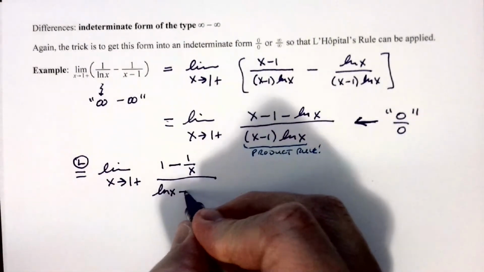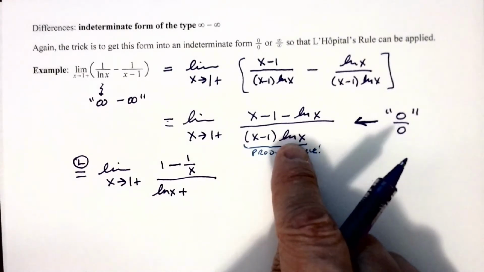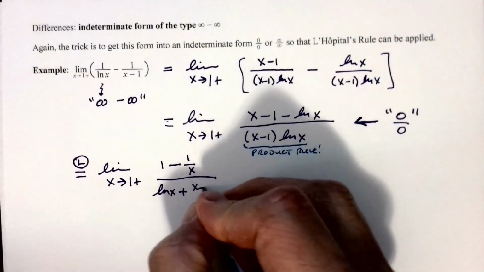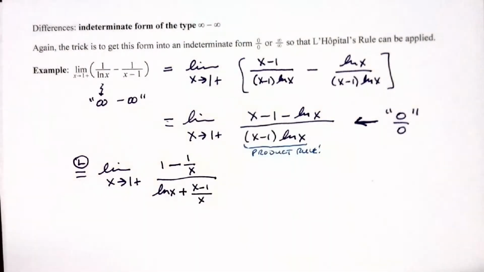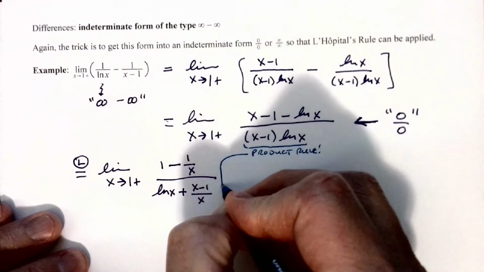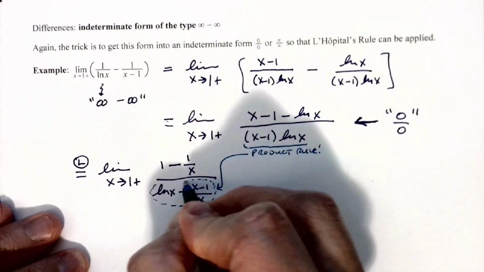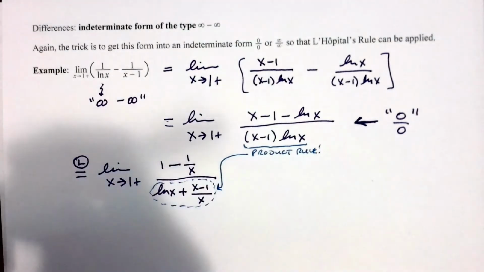And then plus x minus 1 times what? The derivative of natural log of x is 1 over x. X minus 1 times 1 over x, or x minus 1 divided by x. So this was the product rule in going from here to here. Okay, so we use L'Hopital's rule for that.